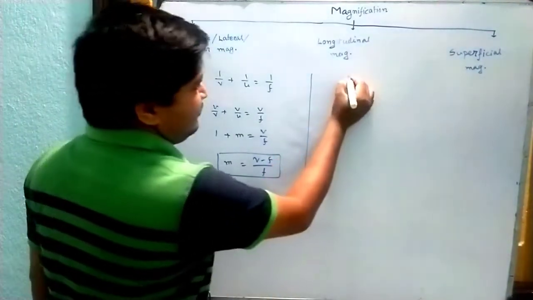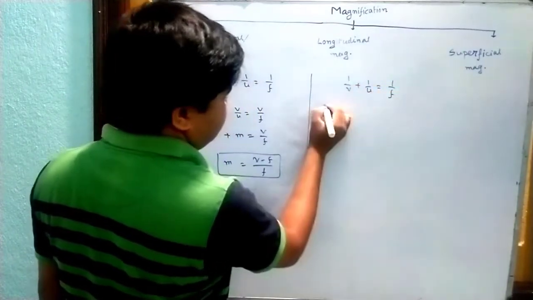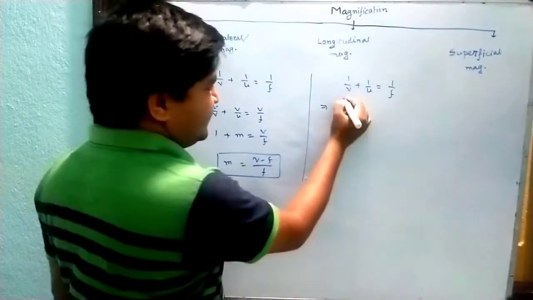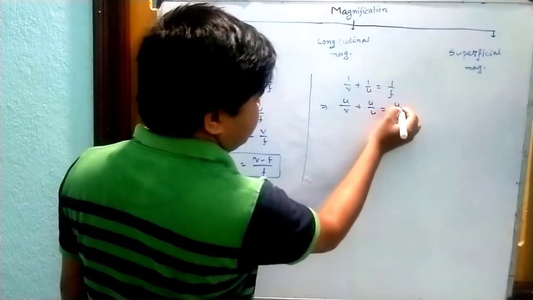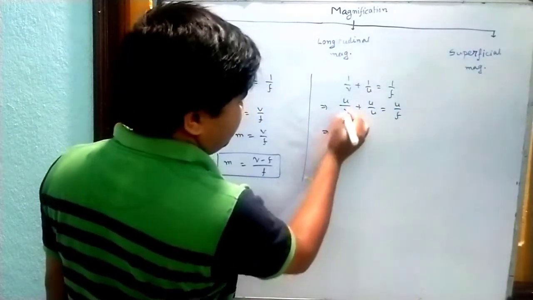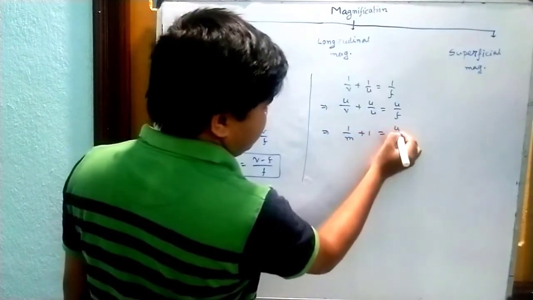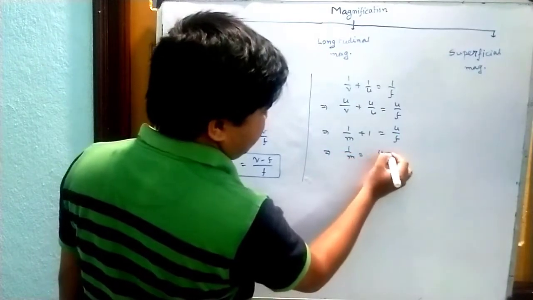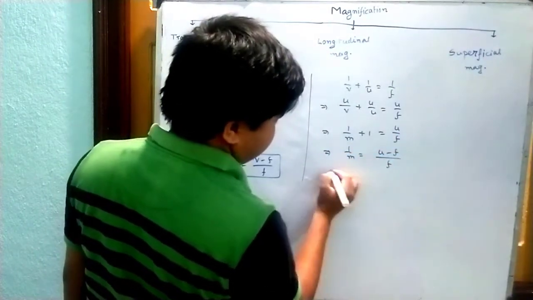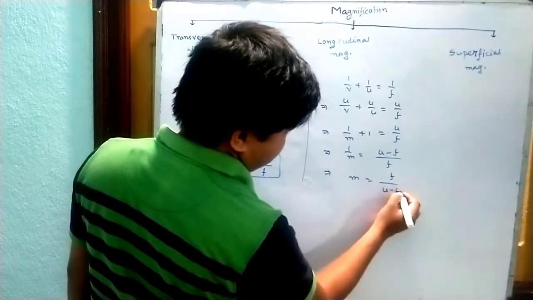Again 1 by v plus 1 by u equals 1 by f. Now if I multiply both sides by u, u by v plus u by u equals u by f, or u by v represents 1 by m, plus 1 equals u by f. So 1 by m equals u minus f by f, or m equals f by u minus f.